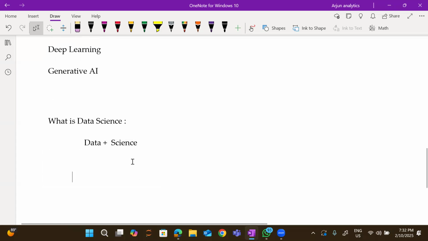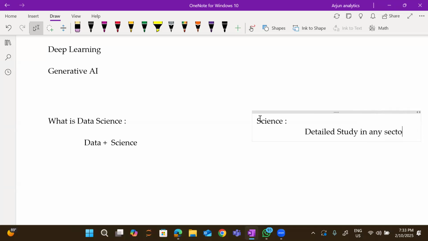Science is nothing but whenever we are doing a detailed study in any sector, it is called science.